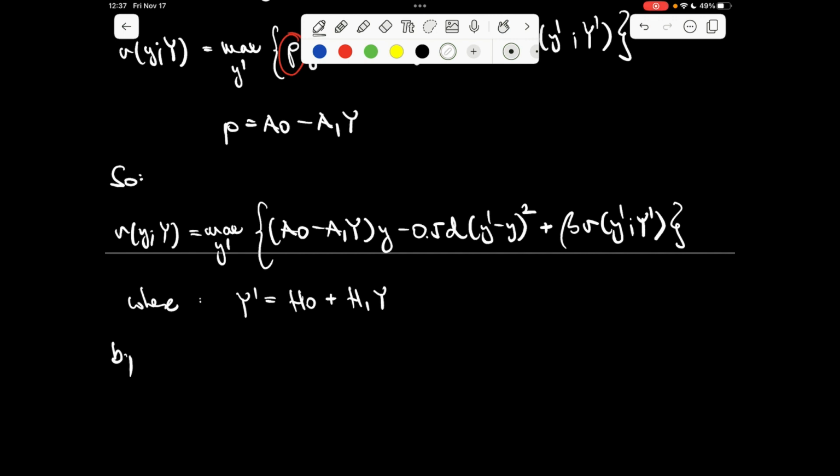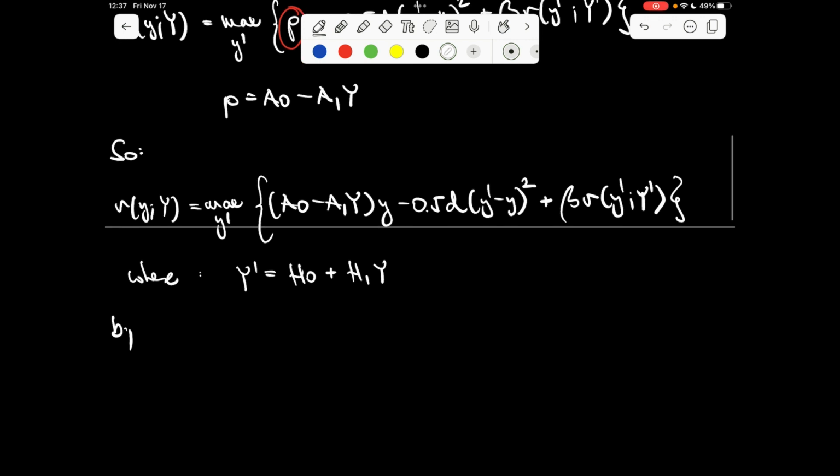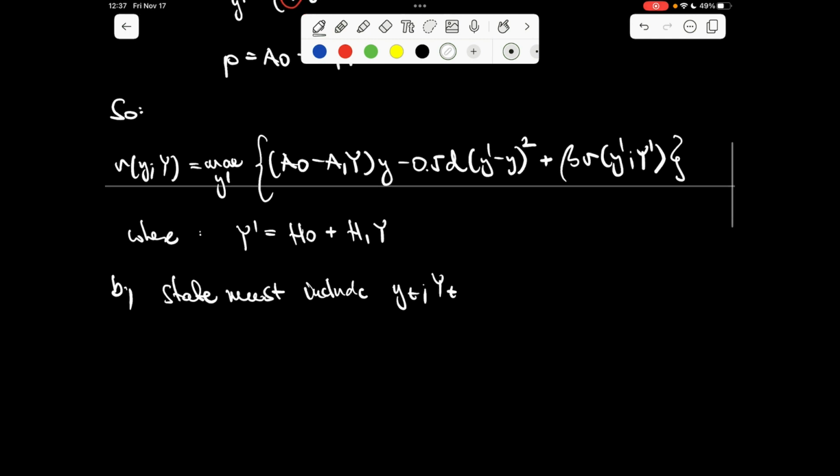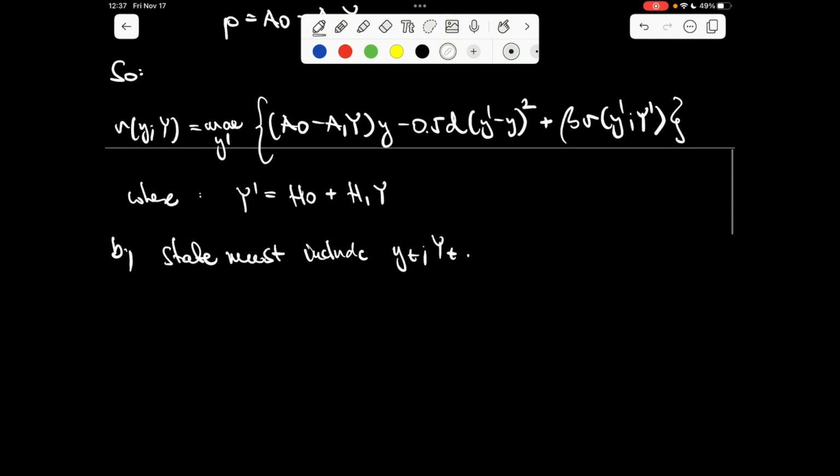Let's translate the whole problem into the language of the optimal linear regulator. The state must include both variables and perhaps other variables.